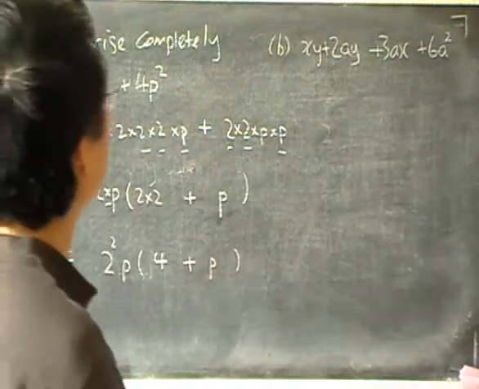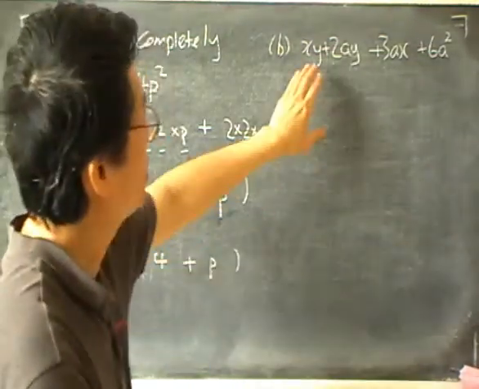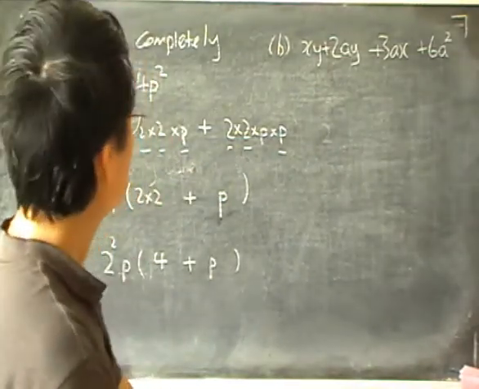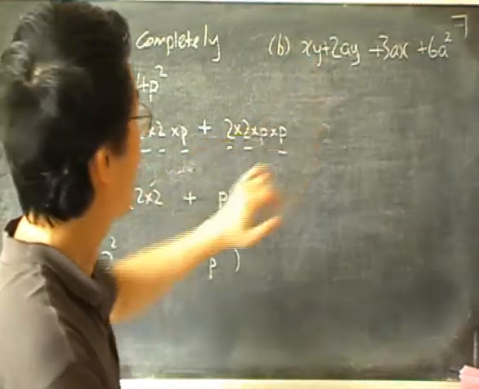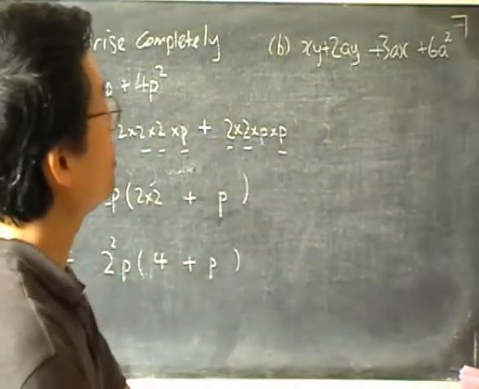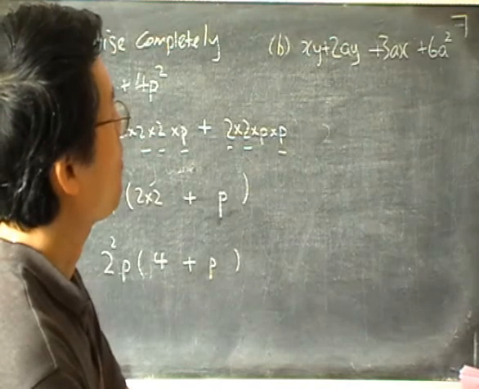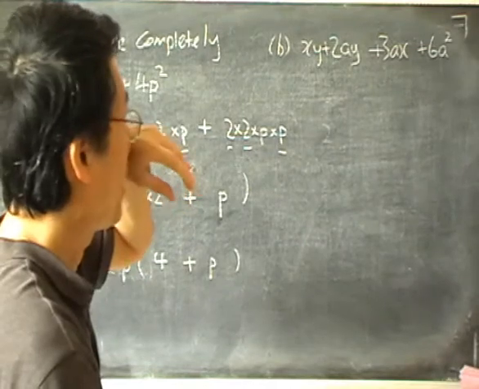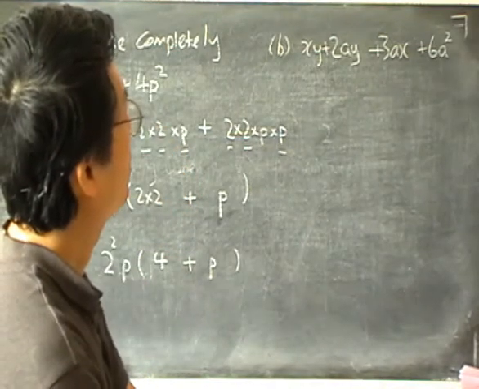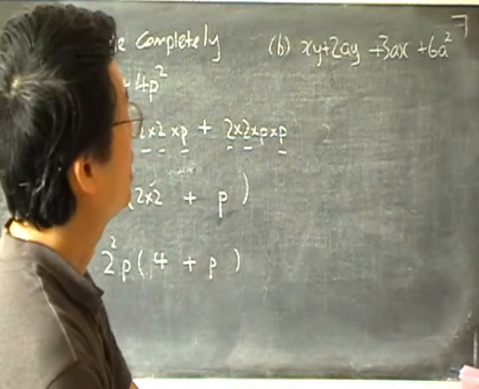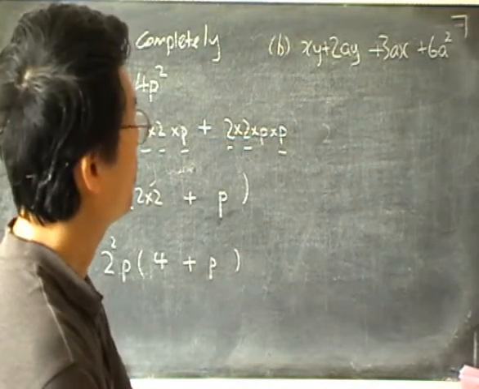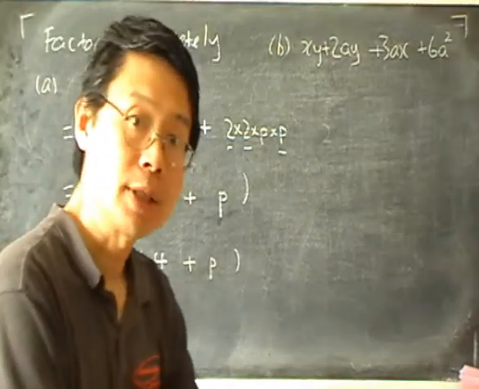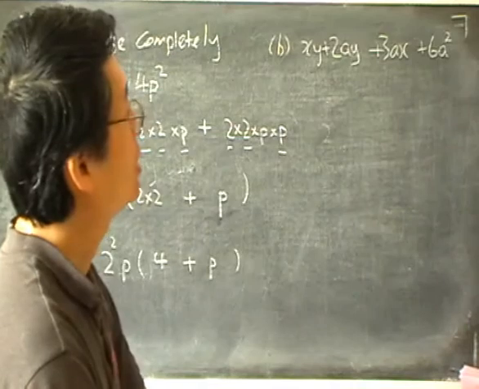In part B, we need to factorize this expression completely. So this looks a bit more complicated than part A. The thing to do is to look for terms that contain the same factors.